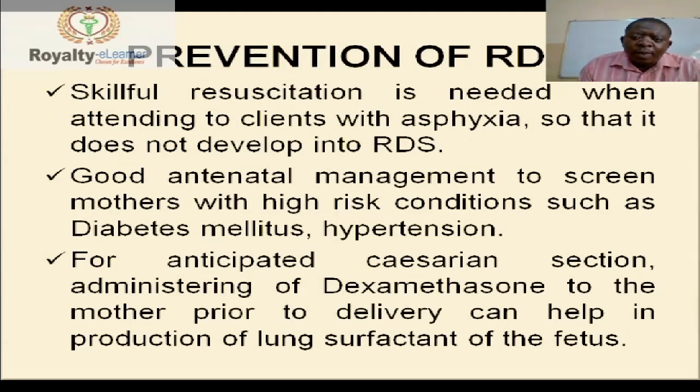And good antenatal management to screen mothers with high risk conditions such as diabetes mellitus and hypertension is important so that the necessary measures can be taken after the baby is born. So for anticipated cesarean section, administration of dexamethasone to the mother prior to delivery can help in the production of surfactants of the fetus.